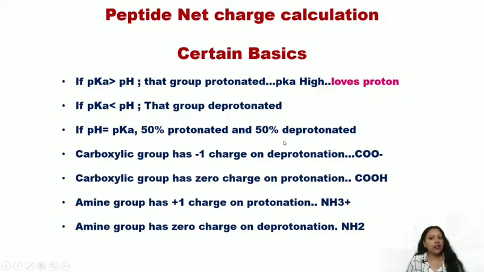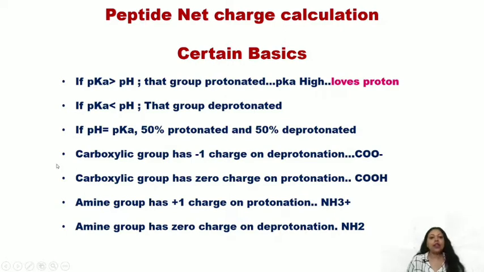If the pKa is high, it loves its proton, so it will not dissociate its proton easily, meaning that group will be in protonated form. So if you know the first rule, you can automatically say the vice versa: if pKa is less than pH, obviously that group will be deprotonated.